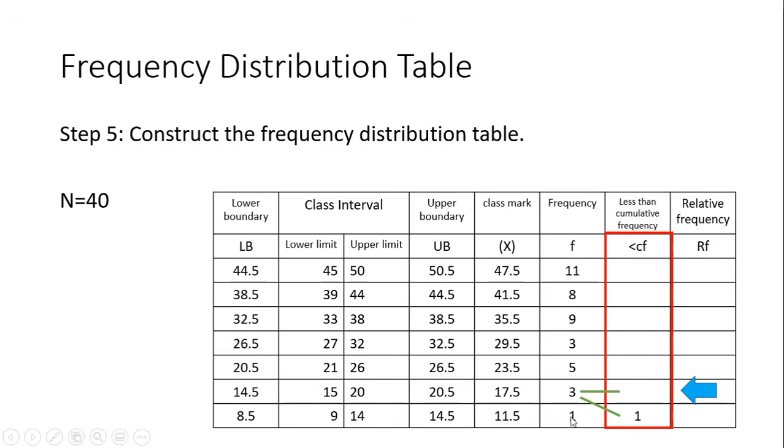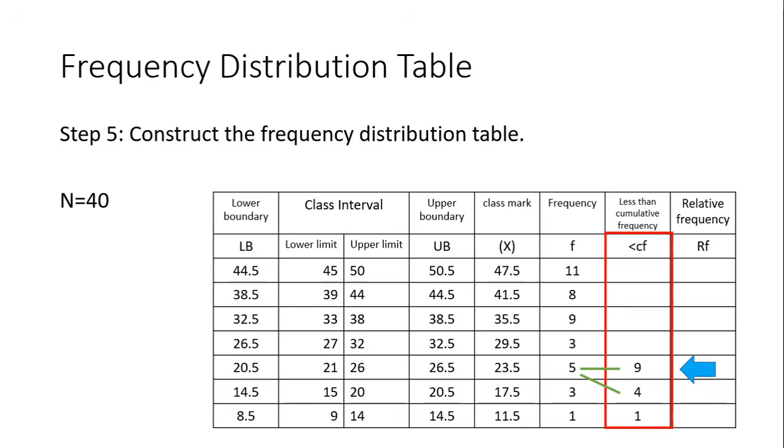So you have 1, and you place 1 here. Next, you add the next frequency. So 1 plus 3 equals 4, you place it here. That's how you are going to compute for the less than cumulative frequency.